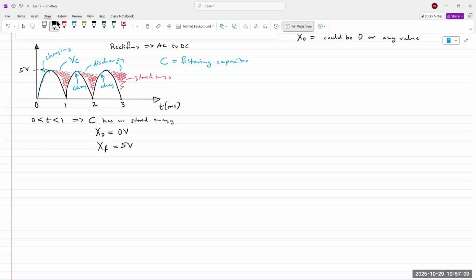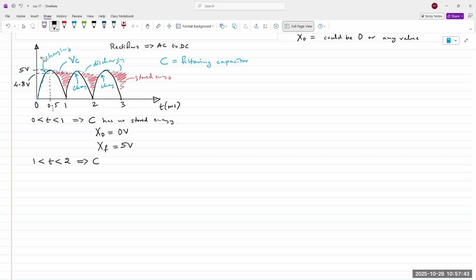Okay, so if I was to write this again for the next time period, now let's say my capacitor discharged to 4.8 volts. Actually, I shouldn't be doing 1 to 2.